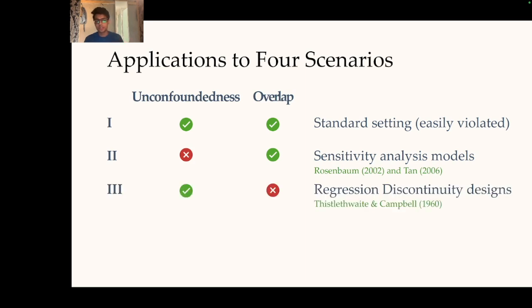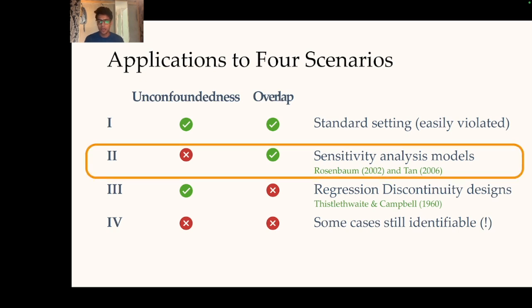But apart from this, we consider three other scenarios where one or both of unconfoundedness and overlap are violated. I'll discuss the second scenario in more detail on the next slide, but I'll quickly mention that the third scenario, where unconfoundedness is satisfied but overlap is violated, is also widely studied and has been deployed in impactful economic studies.